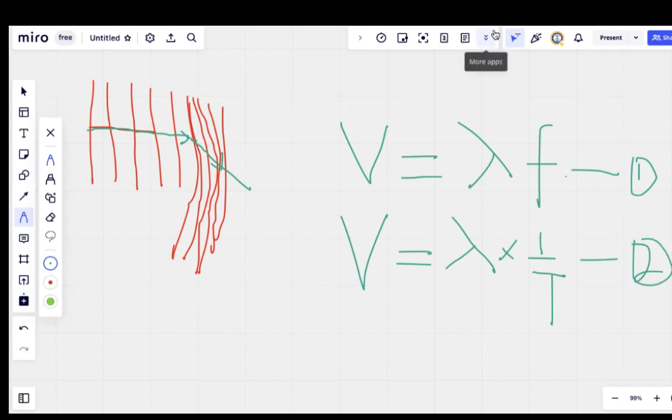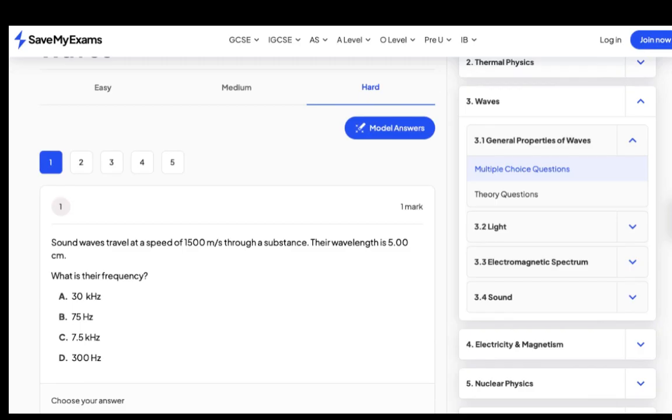Now let's take a look at this very first question. It says the sound wave travels at a speed of 1,500 meters per second through a substance. Their wavelength is 5.0 centimeter. What is the frequency of the wave?